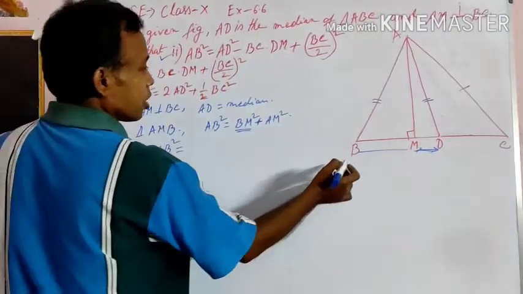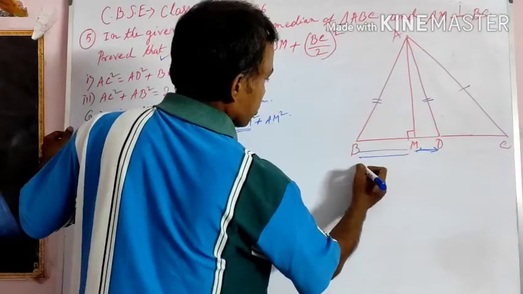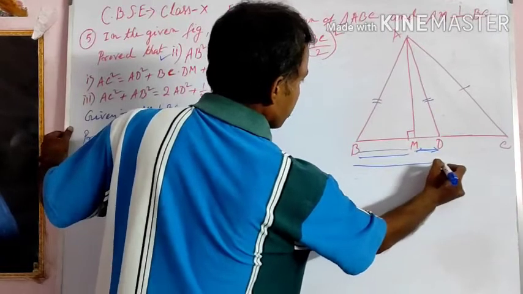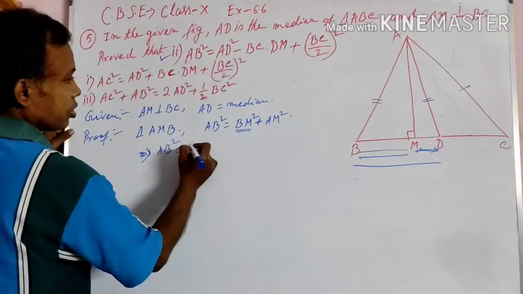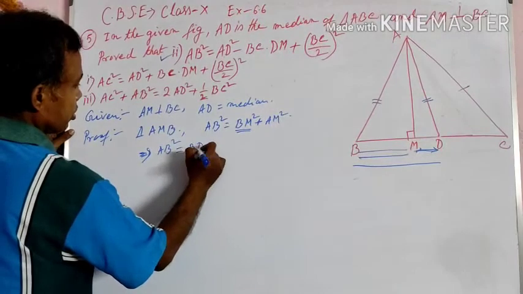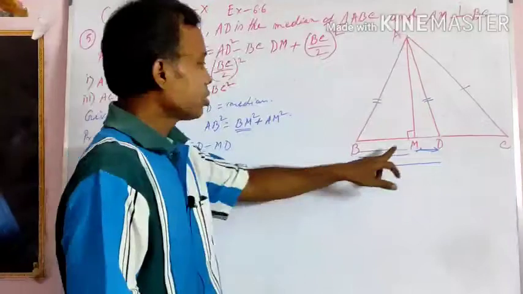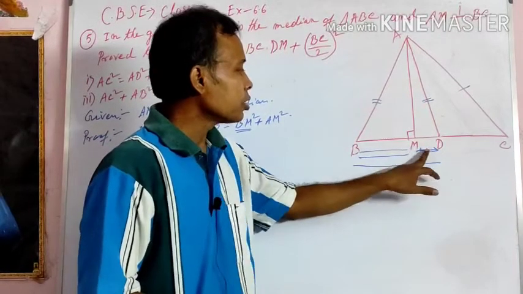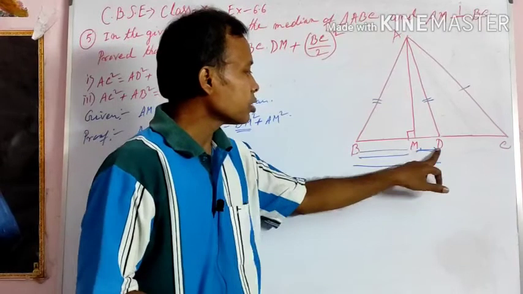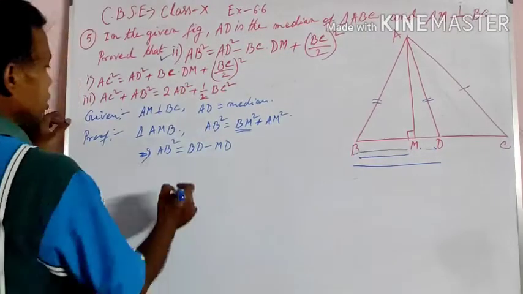BM is equal to BD minus MD. This distance minus this distance is equal to this distance.